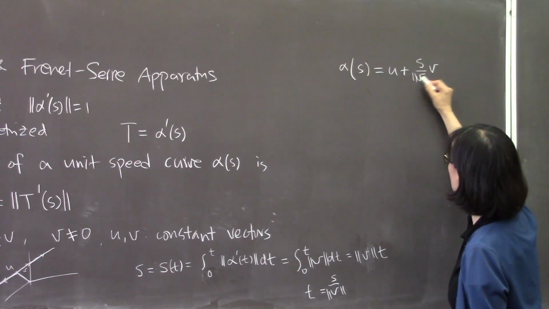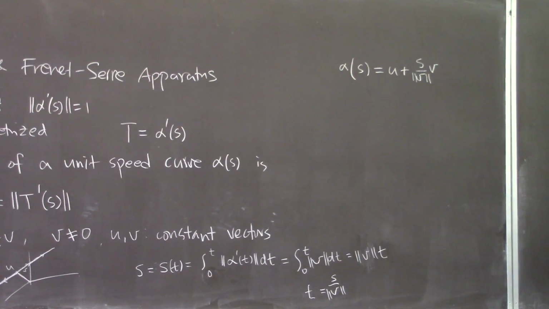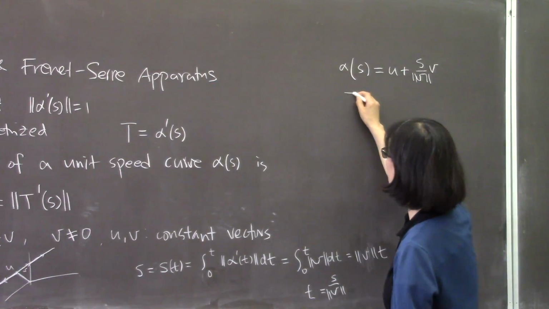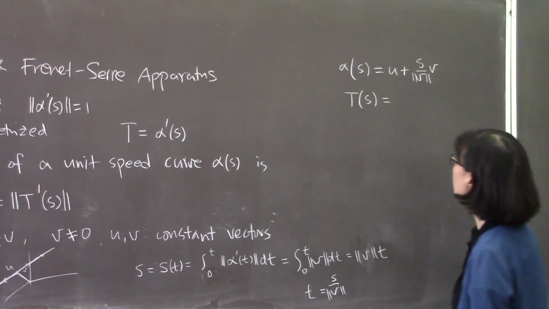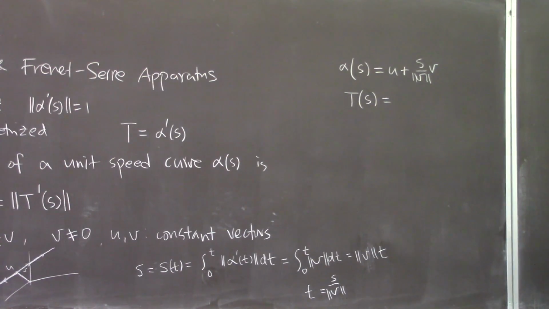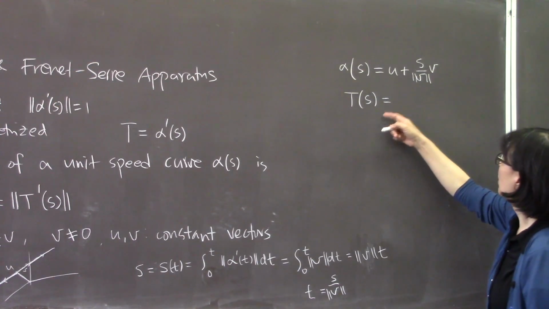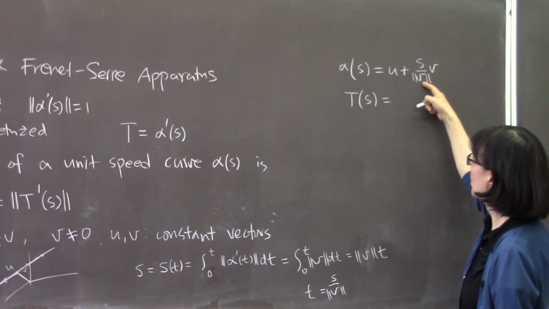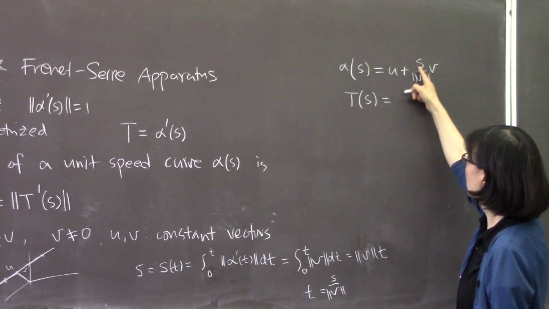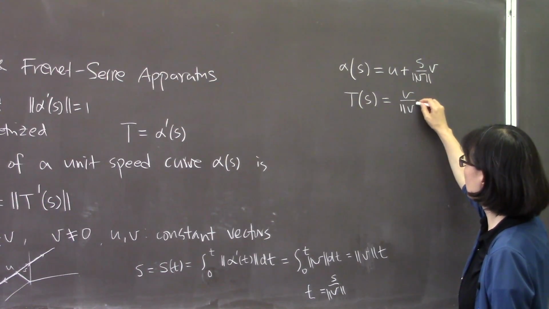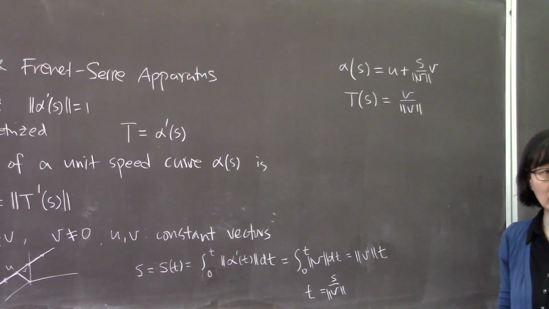So there will be this. Then what is big T then? Big T in terms of S is constant. So it's v over the magnitude of v, right?